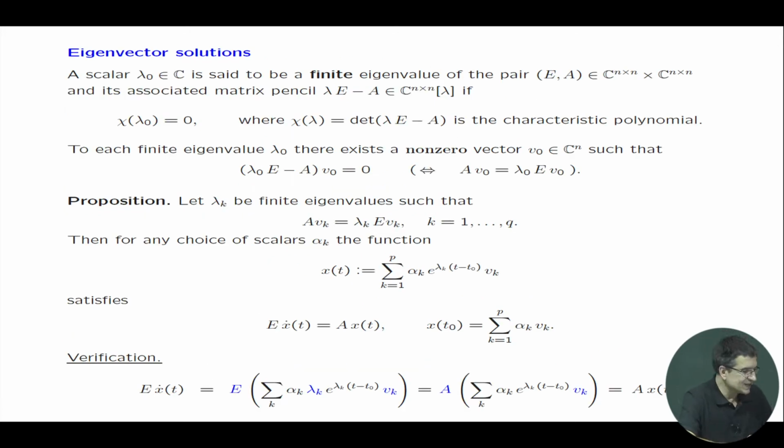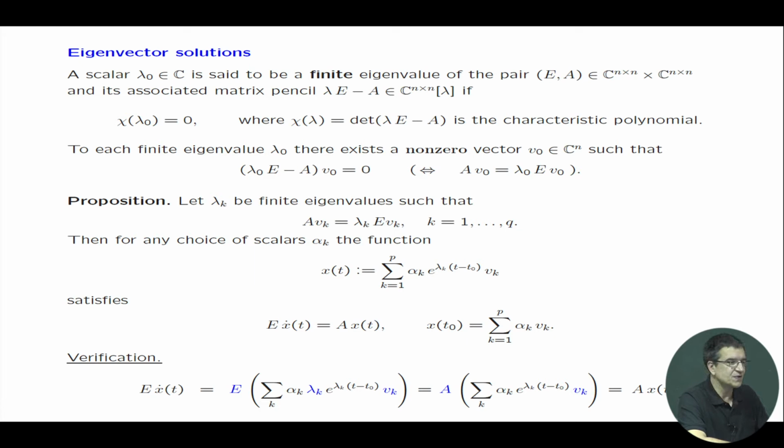And then I said that further I will consider only regular matrix pairs E and A, where regularity was defined via the characteristic polynomial. Here's the characteristic polynomial, and we always will assume from now on that this is not constantly zero.